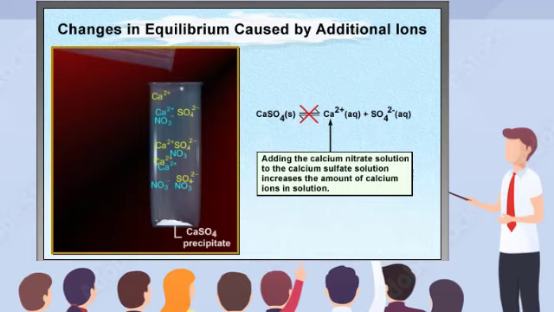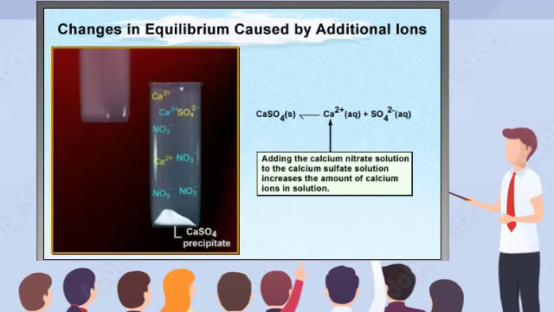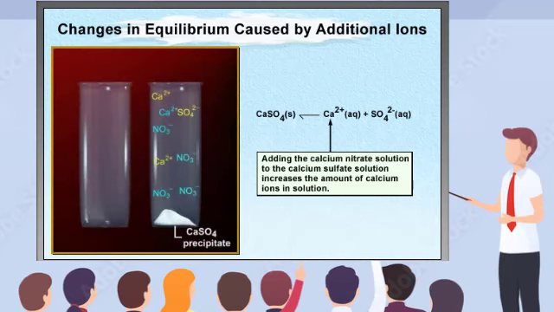According to Le Chatelier's principle, to counteract the excess calcium ions in solution and return to equilibrium, excess calcium ions must be removed. To remove the excess calcium ions, the system shifts to the left, and the calcium ions and sulfate ions combine and produce more calcium sulfate. The additional calcium ions combine with the sulfate ions present in solution until a new equilibrium is established.